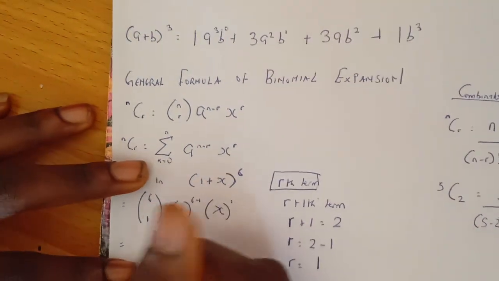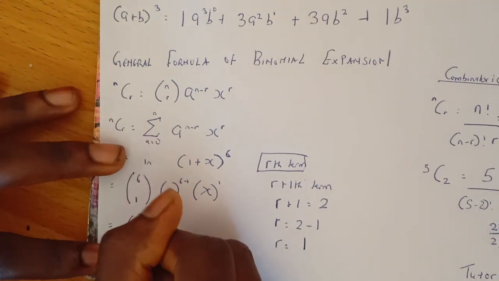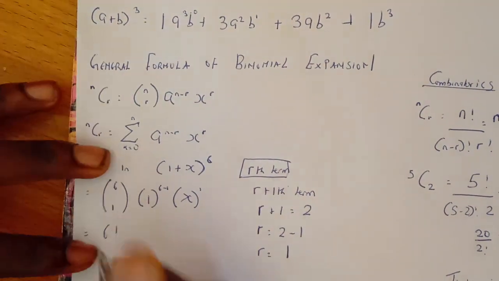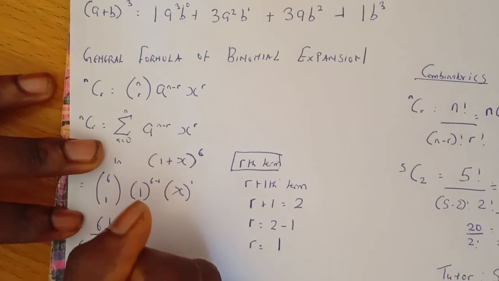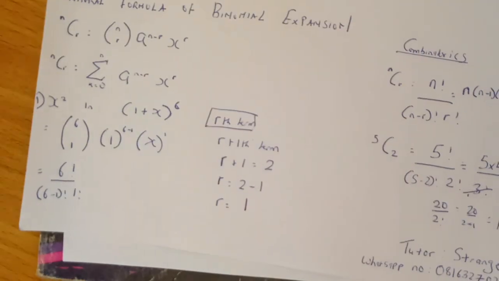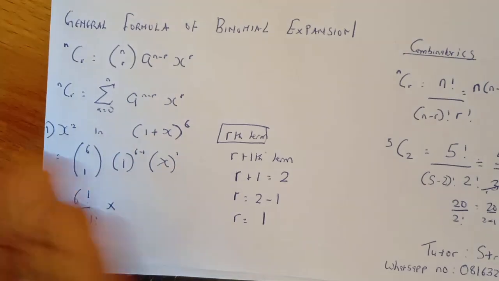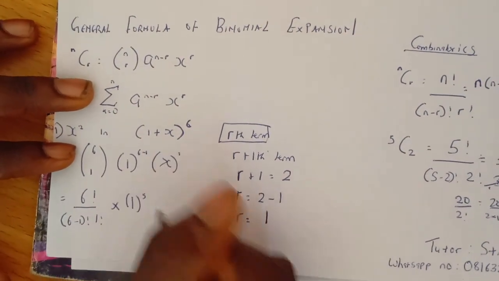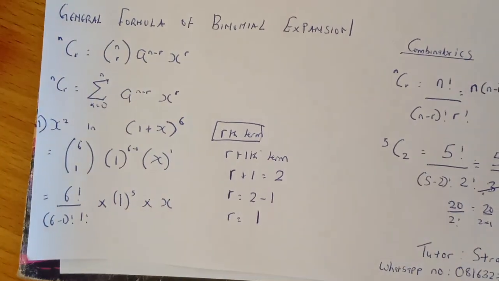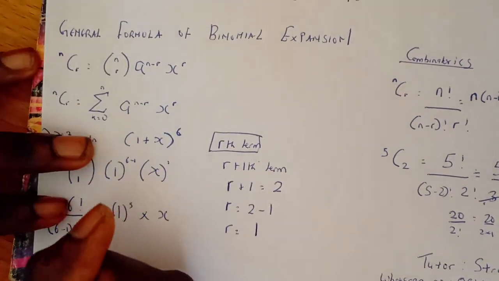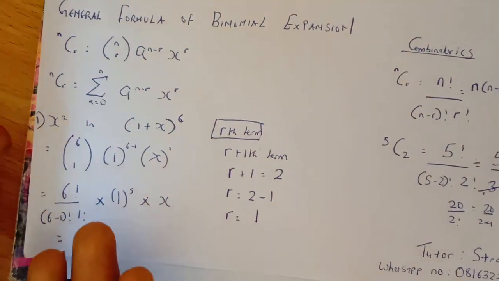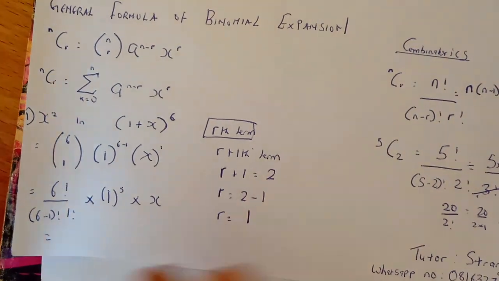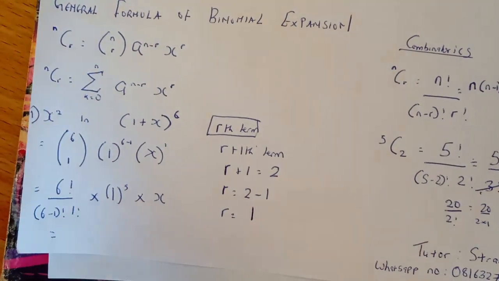So that means we have 6 factorial, because this is actually combinatorics, it's combination, divided by 6 minus 1 factorial, 1 factorial, multiplied, I'm multiplying everything here, by 1 raised to the power of 5 times x again. That will give us 6 factorial, 5 factorial, 1 factorial. I can practically do 6 times 5 factorial. Yes, it's actually going to be correct.